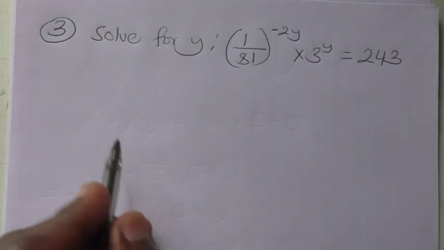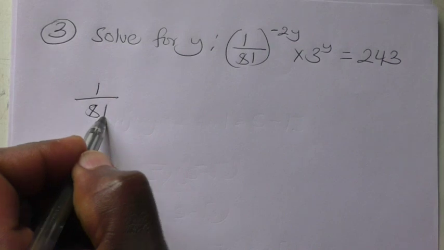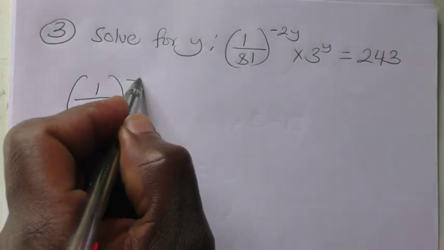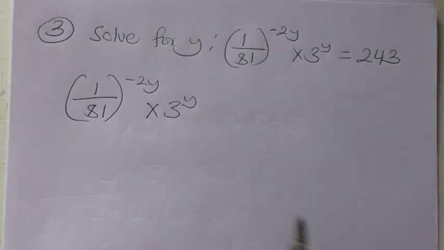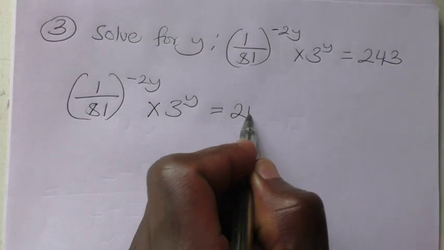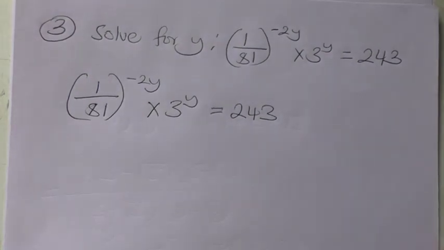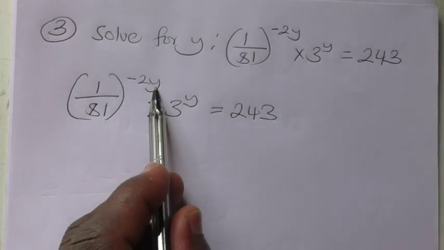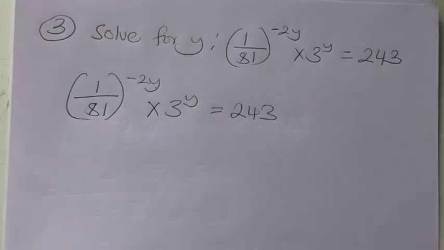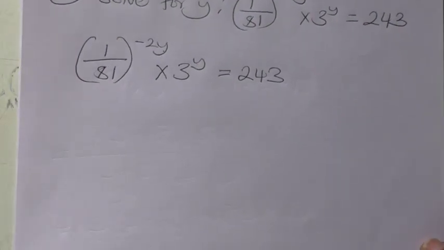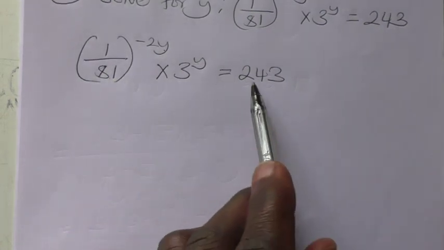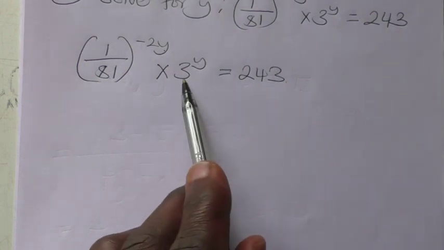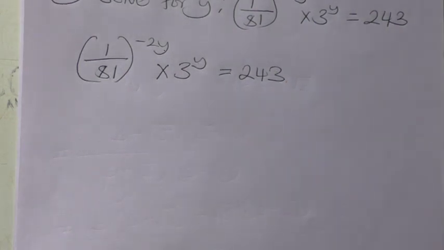Now, we have 1 over 81 power negative 2y times 3 power y, equaling 243. The question is asking us to find the value of y. So let us first express 81 and 243 in terms of 3. You can do the side work.